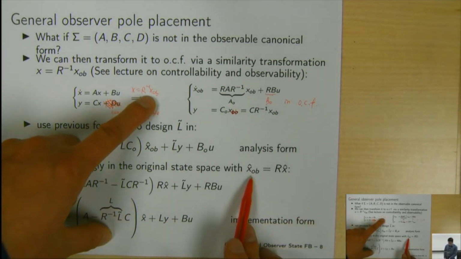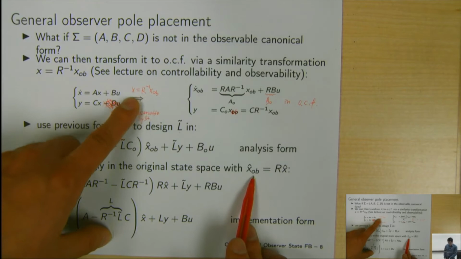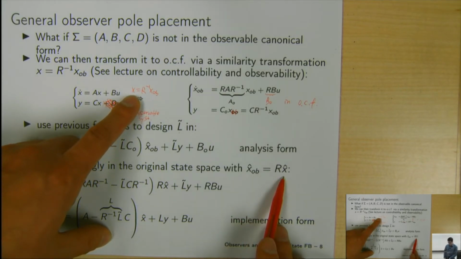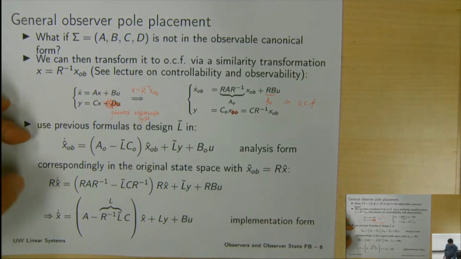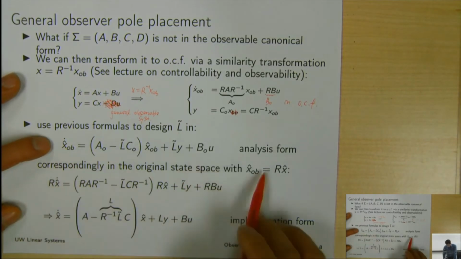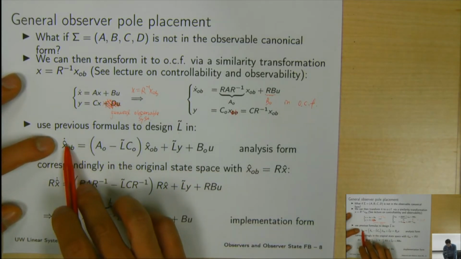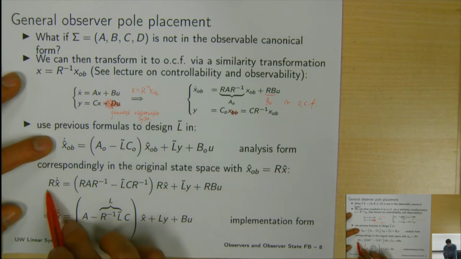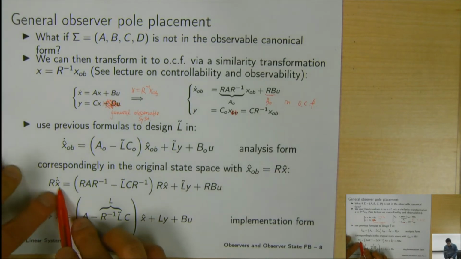X hat observable, based on this relationship, should be R times x hat. What this design actually means is that we replace x OB with R times x. We get R x hat.